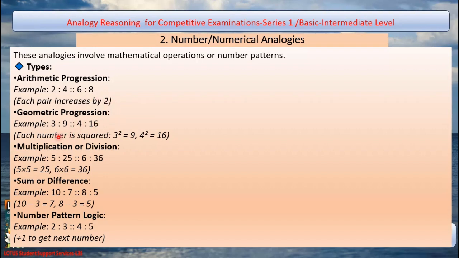Geometrical progression: 3 is to 9, 3 squared is equal to 9, then for 4, it will be 4 squared. 4 squared is equal to 16, so it will be 16. These are all examples. Multiplication: 5 is to 25, 5 into 5 is equal to 25. 6 into 6 is equal to 36, like this.